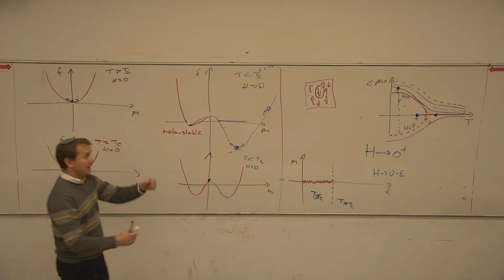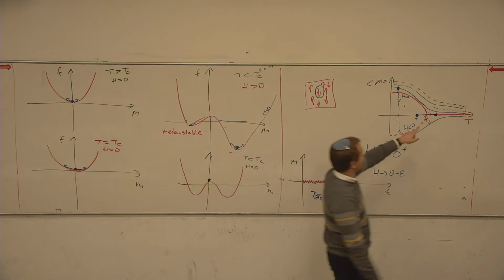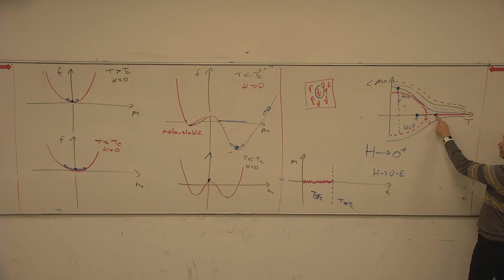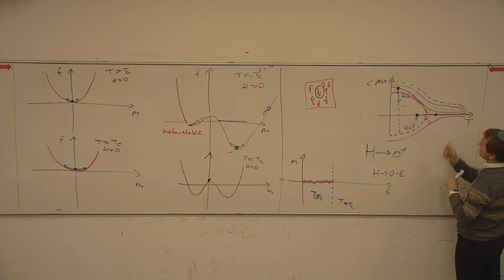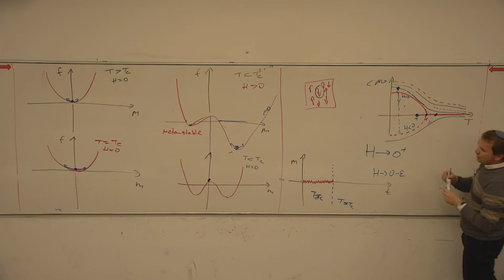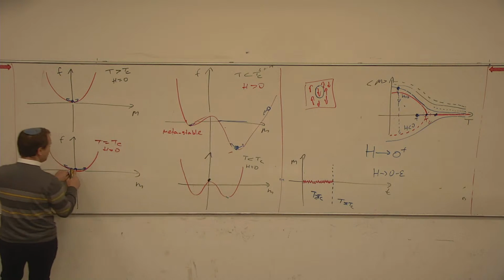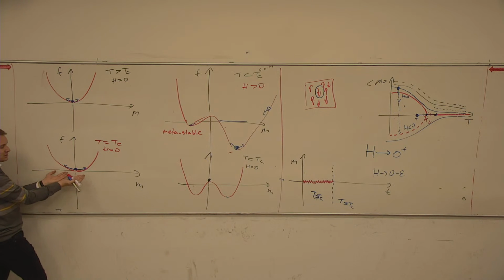Then the system was over here. This is the upper plot. Then I brought the system to this critical temperature. What happens at critical temperature? The system is still bound. There is still only one minima at 0, but the slope is shallower. So the forces that try to keep the system back towards 0 are less important.